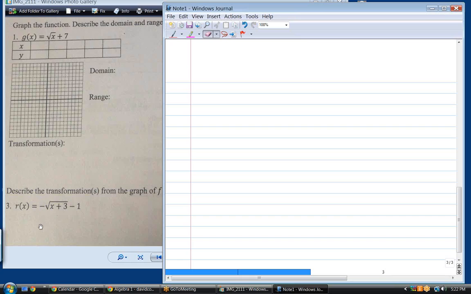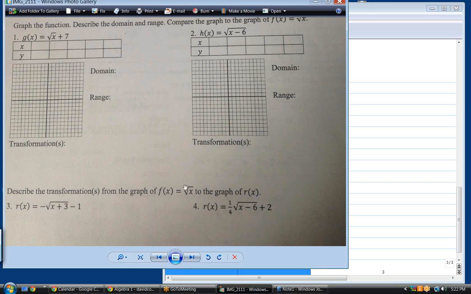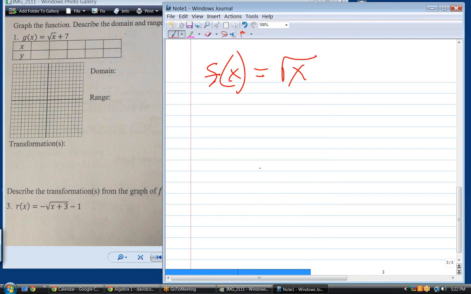If f of x is equal to the square root of x, which it is here, and they want to know what this would be, that would be a reflection over the x-axis, because that's equal to minus f of x.